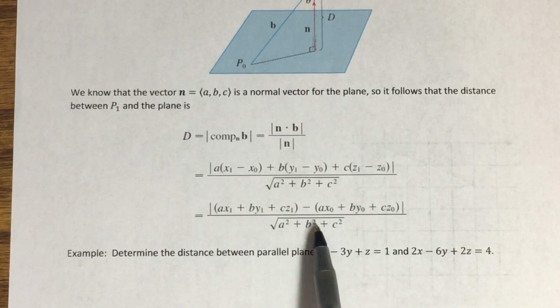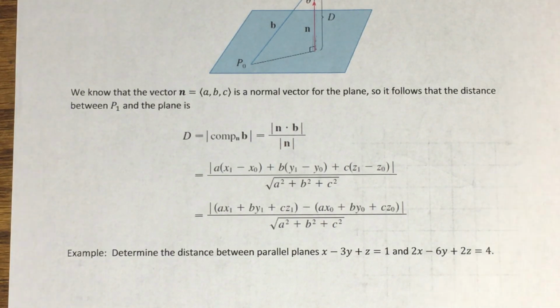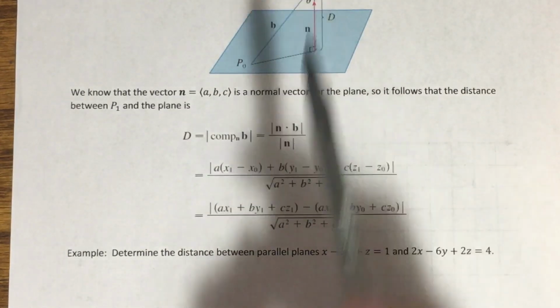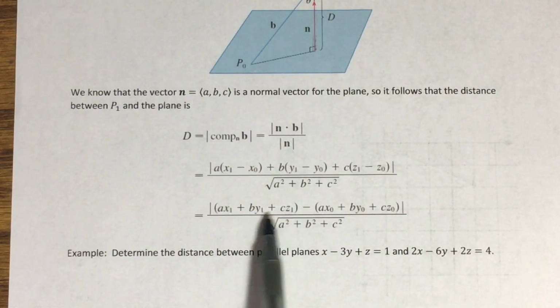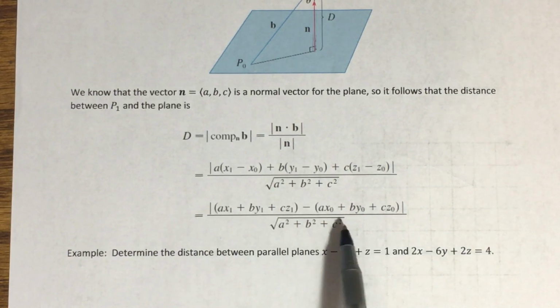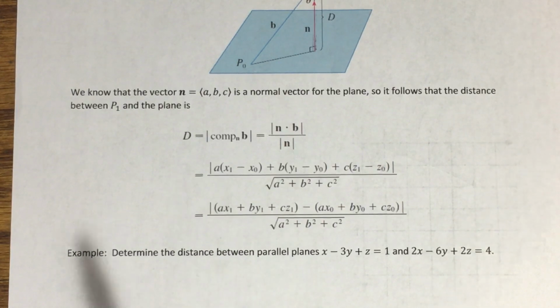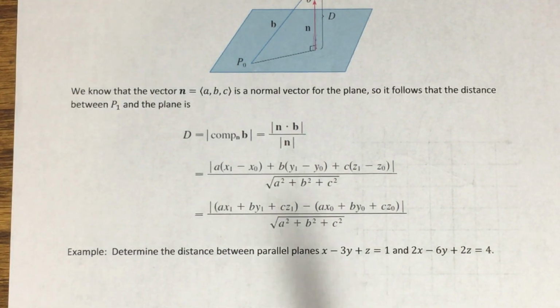This is definitely a cumbersome looking formula, I will admit. But what it does is tell you the distance between the point P1, which is the point where these coordinates come from, and a plane containing the point P0, which is where these coordinates come from, a, b, c being the components of its normal vector.